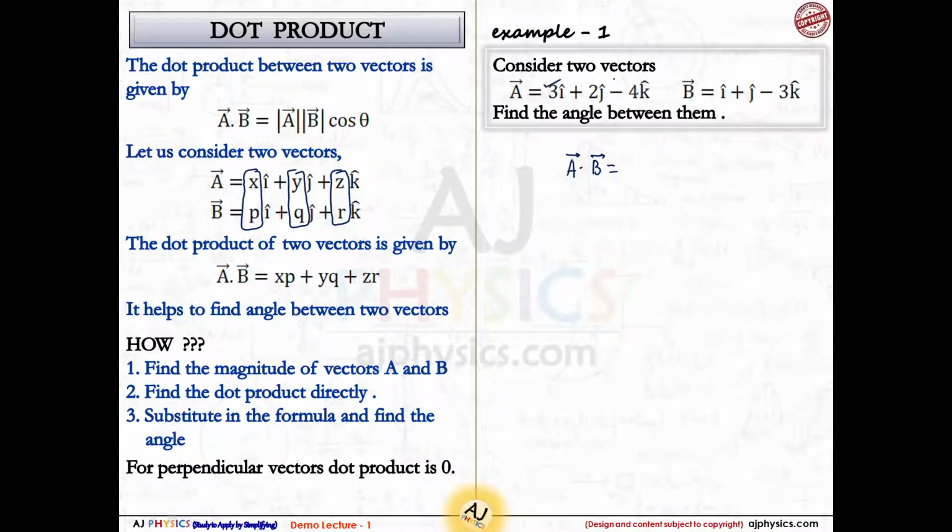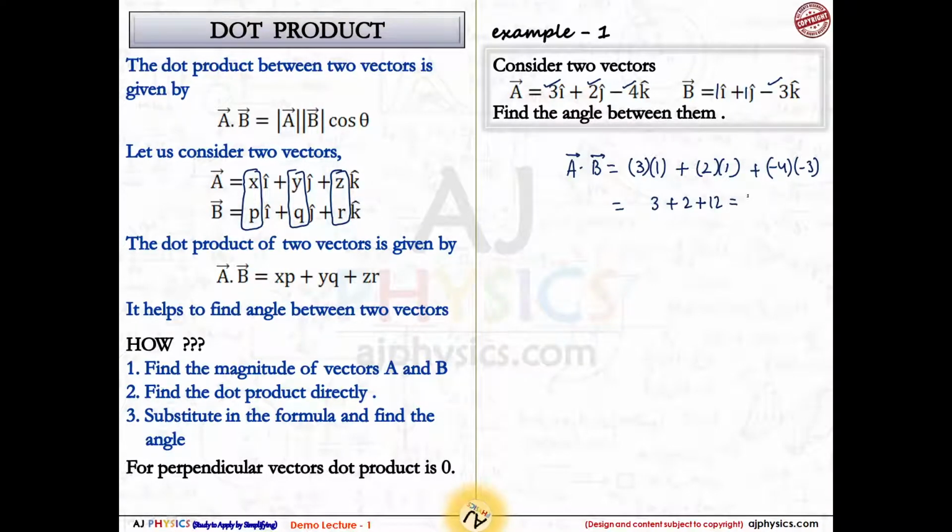So it will be 3 multiplied by 1, plus 2 multiplied by 1, and then minus 4 times minus 3. If you solve this, you will get 3 plus 2 plus 12.